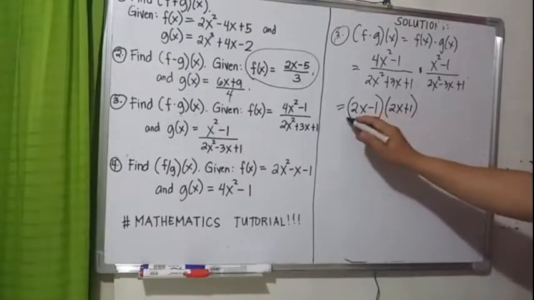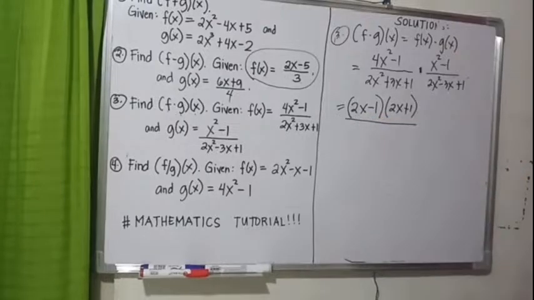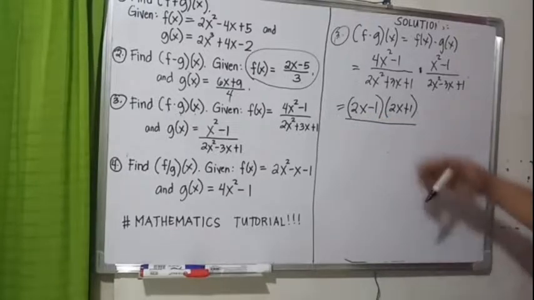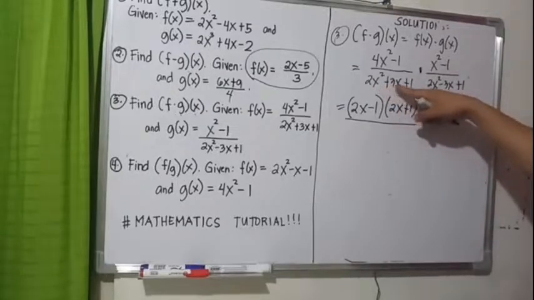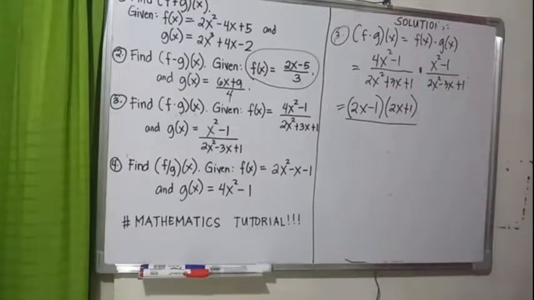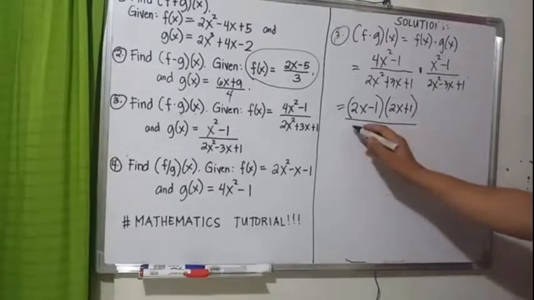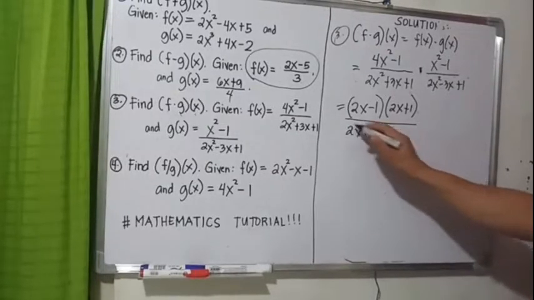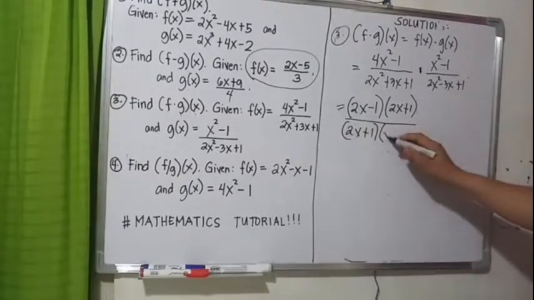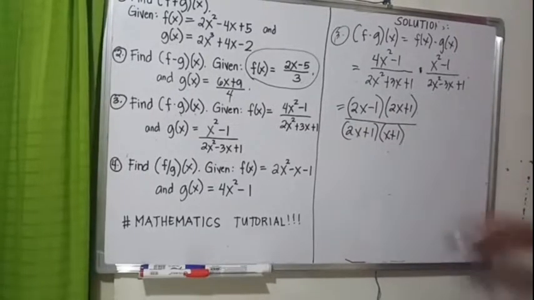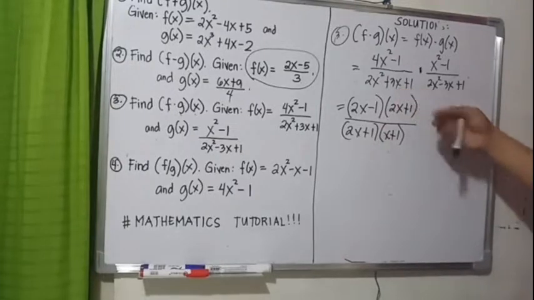Merong factorization ako na binigay sa video ko last week. Tingnan mo lang yon kung how to factor the given equation. So how about the denominator? Ano yung factor nito? 2x squared plus 3x plus 1. Ang factor niyan is 2x plus 1 and x plus 1. So yan ang factor ng denominator.